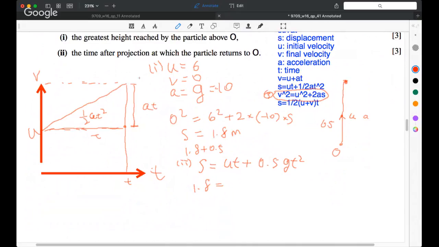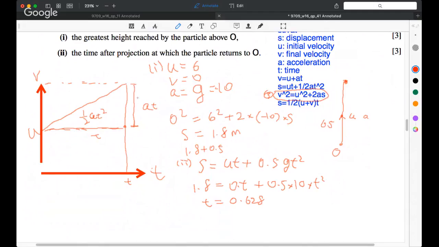And u is 0 because when you reach the greatest height, your velocity is 0. So we have 0t plus 0.5 times 10 times t squared. From there, we can work out t, which is 0.628, I believe. Any questions?